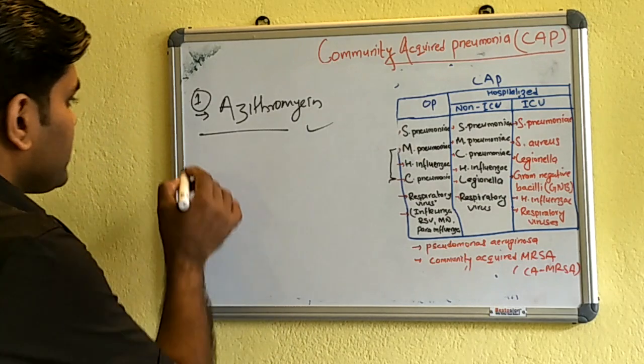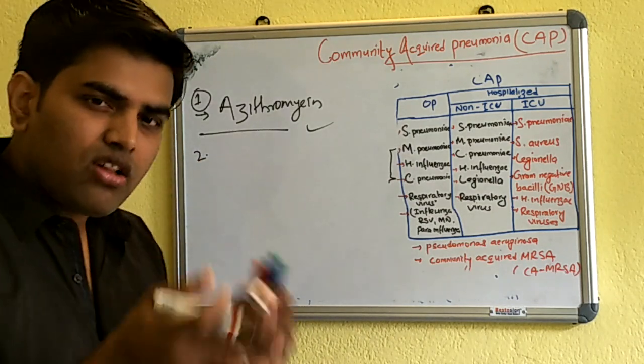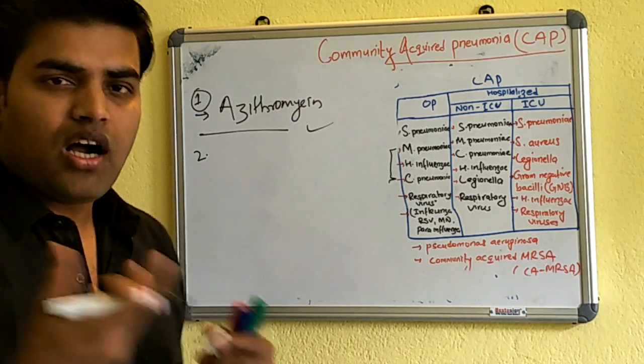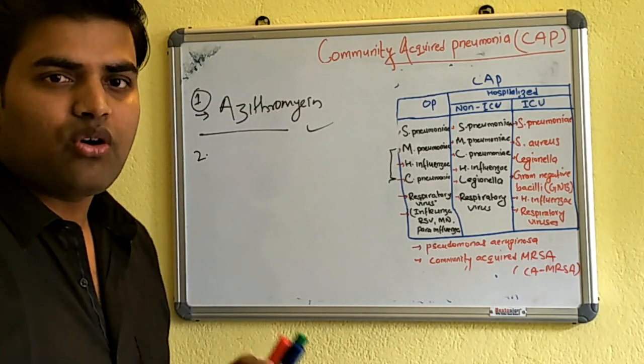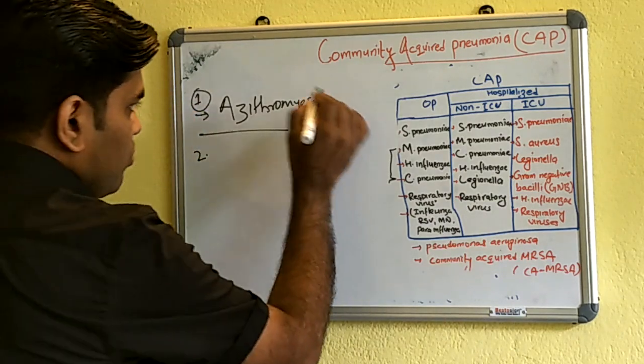Okay. The second step: any person who comes to you is at extremes of age, or has comorbidity like COPD, lung disease, heart disease, liver disease, diabetes, alcoholism, cigarette smoking. Then you cannot trust just one macrolide.